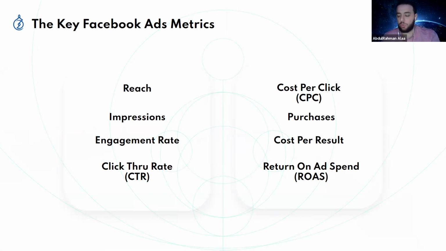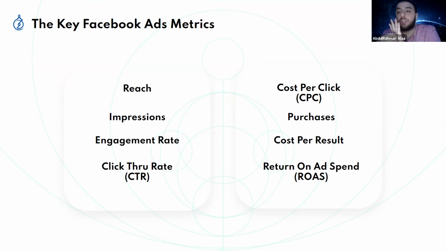So you need to take care of the reach, how many thousand people you are reaching, and the cost per reaching those people. Also the impressions. Sometimes people call reach the impressions and the opposite. Reach is Facebook adding your ad in the feed of your user.